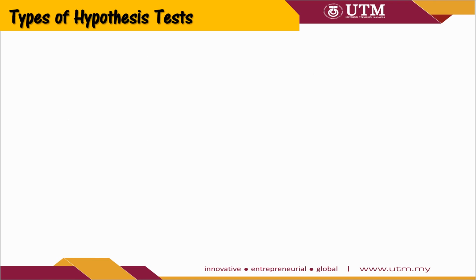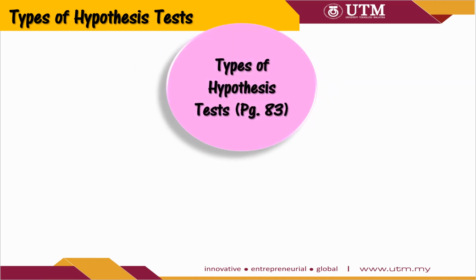Now, let's look at the types of hypothesis tests. You can have a look at your textbook, page 83. We have three options of hypothesis tests that we can carry out in testing a particular parameter of interest.